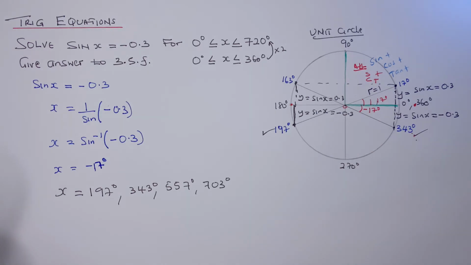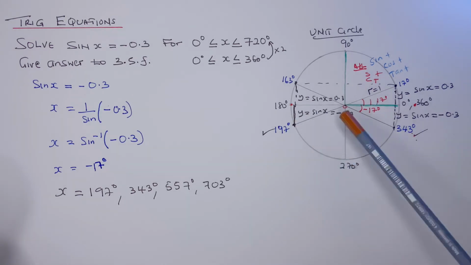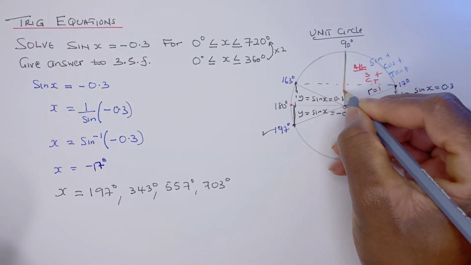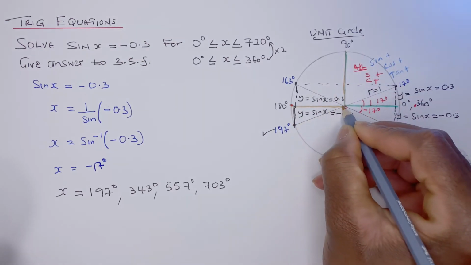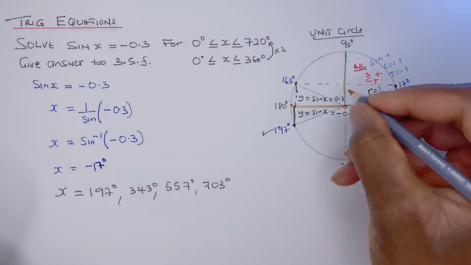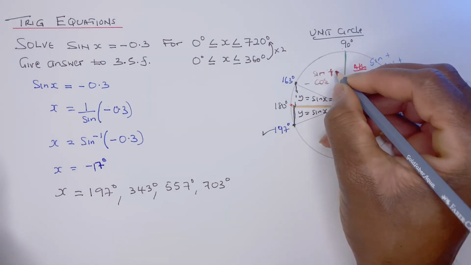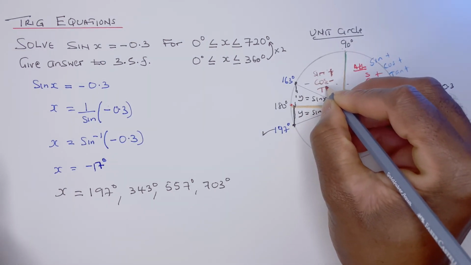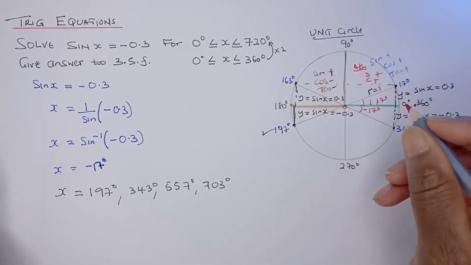In the second quadrant, so second quadrant is this bit here and that bit, sine is positive, cos is negative, and tan is negative.